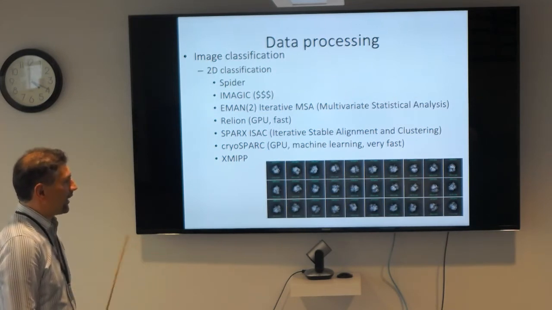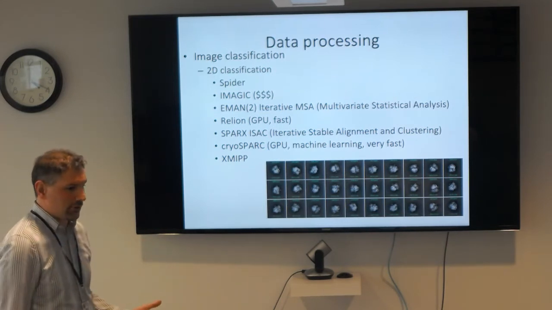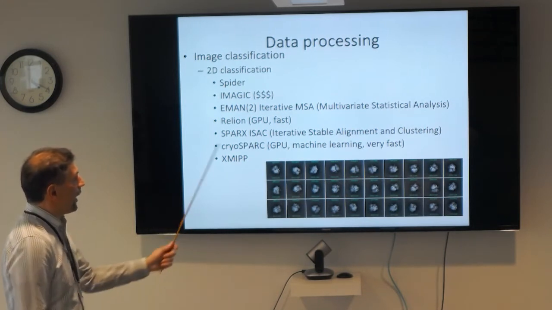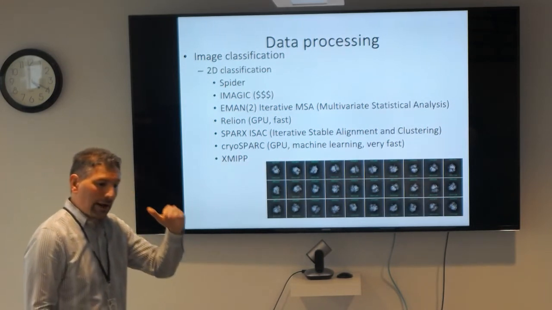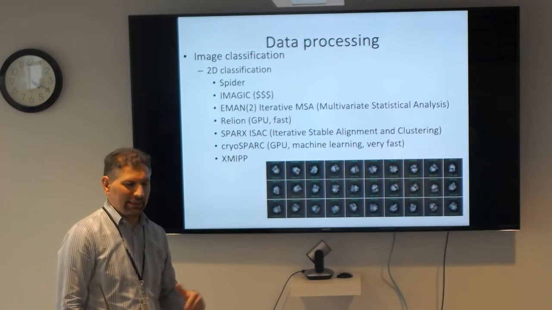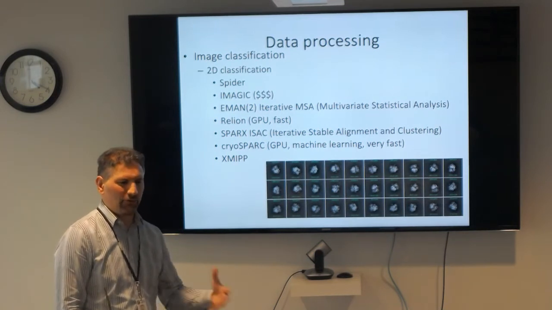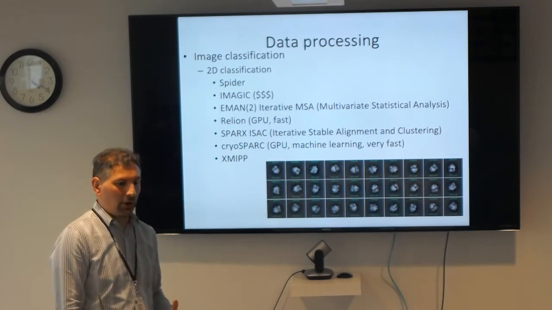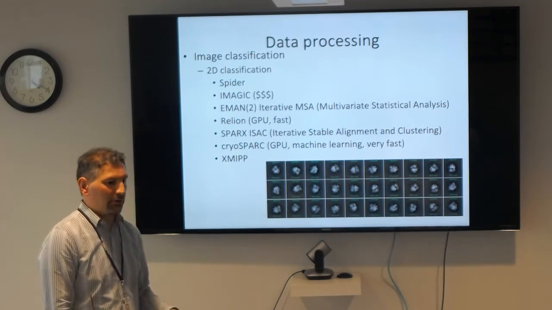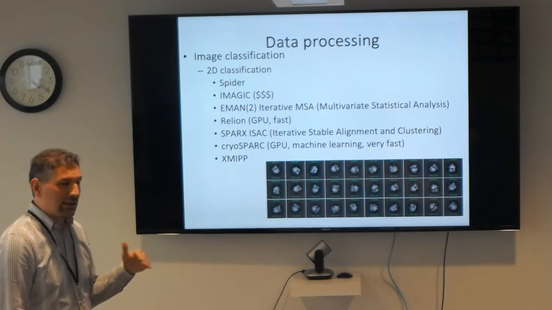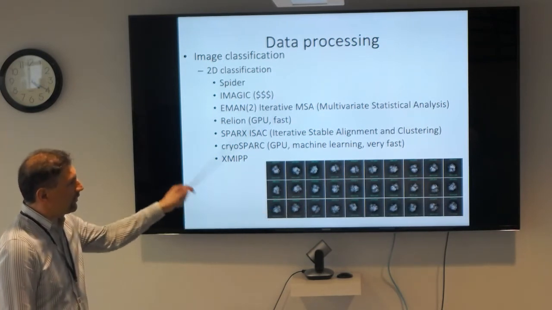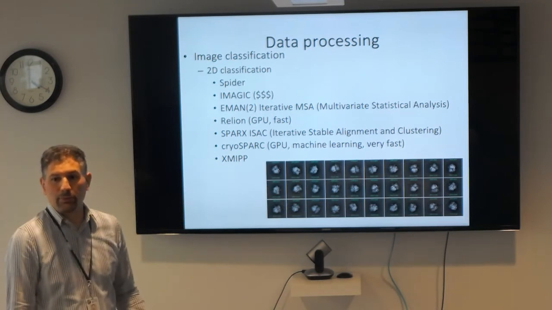And then there's also XMIPP. And what are you looking for in your 2D class averages? Here I've thrown in some, and the great thing with CryoSPARC is that it keeps a record of everything you're doing. I think Appion was the first program to actually start doing things this way, keeping a record of all the programs you're running and the results. So you don't really need to take notes in your notebook, and you can just go on the website and copy and paste this into your presentation.